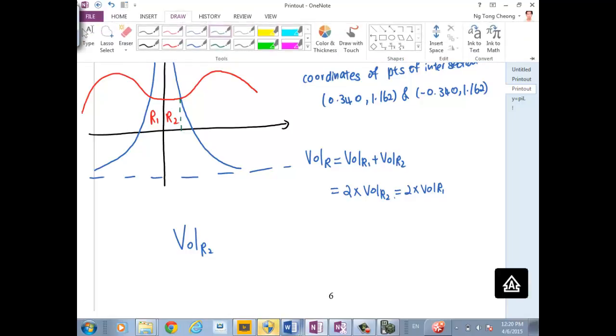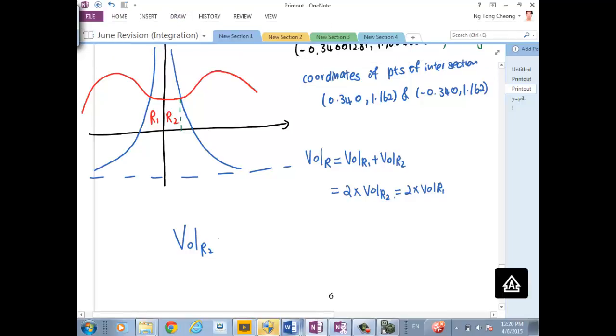So the volume of my R2 will be from 0 to this point of intersection. Note here that I use more dp because it's an intermediate set.